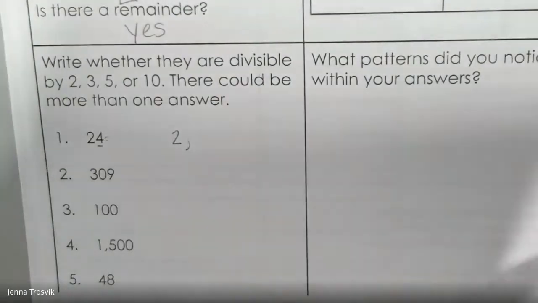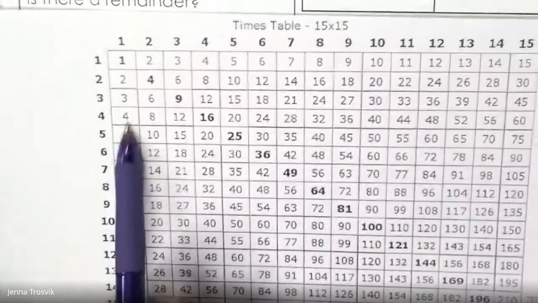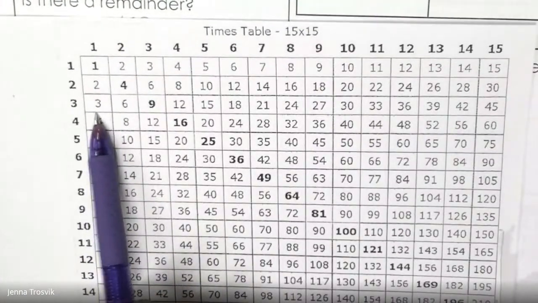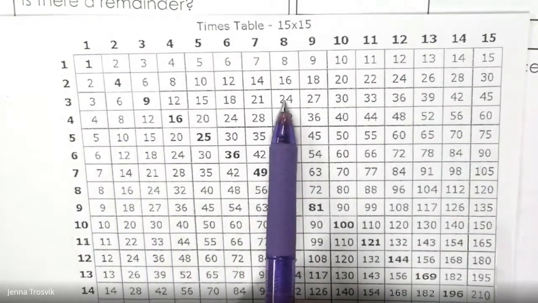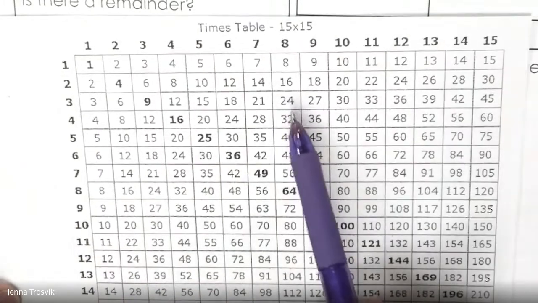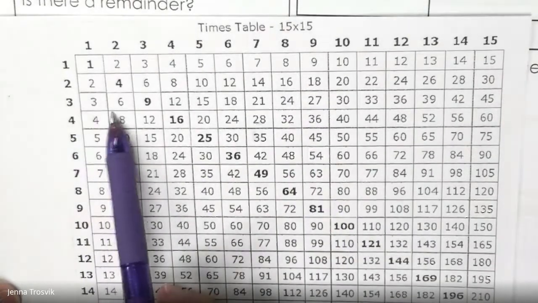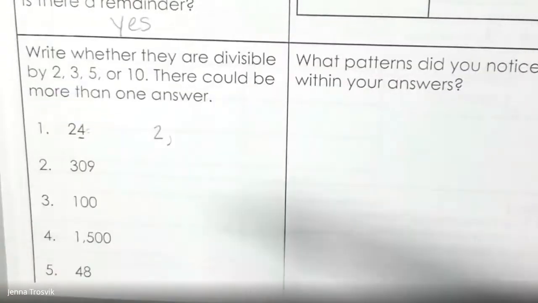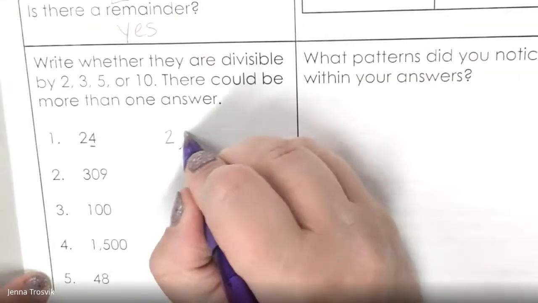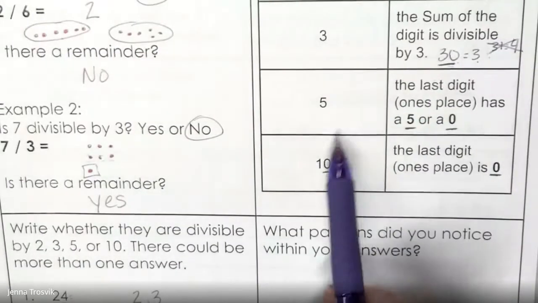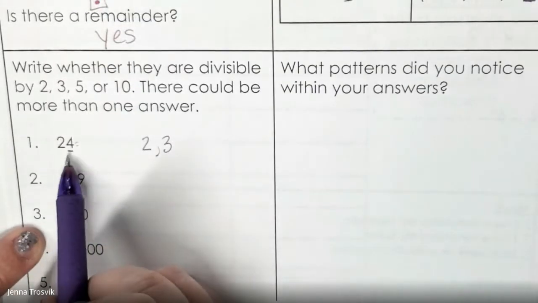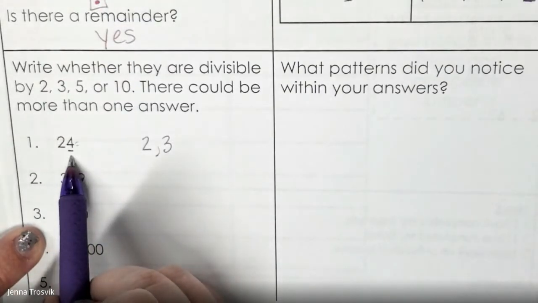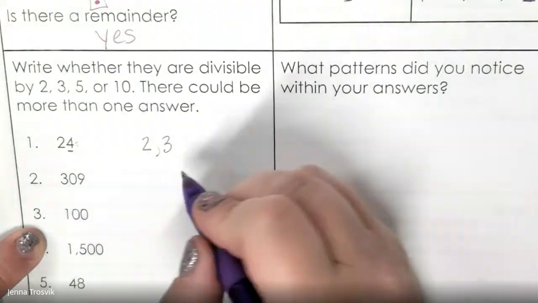And if you don't know, you can simply just use the 3 line of your multiplication chart. 6 is on that line, so therefore 24 is also divisible by 3, because 2 plus 4 equals 6, and 6 is divisible by 3 as well. So yes, this is divisible by 3. Let's check 5. 5 or a 0 has to be in the ones place. There is no 5 or a 0 in the ones place, so 5 is not possible.